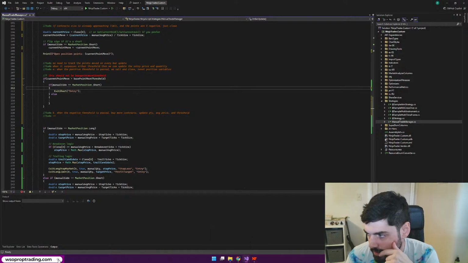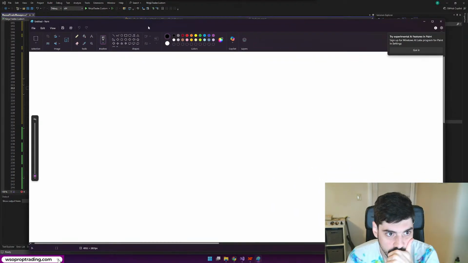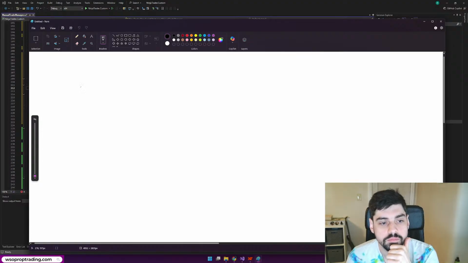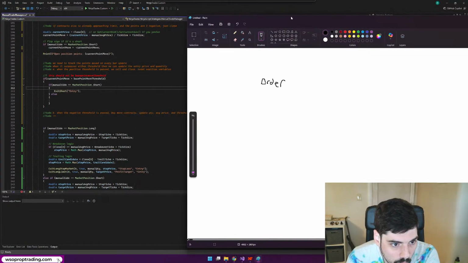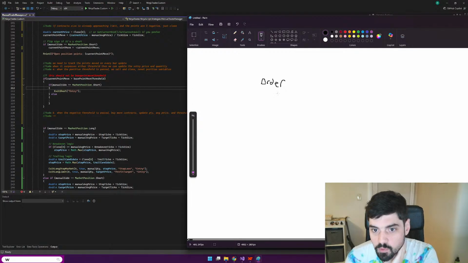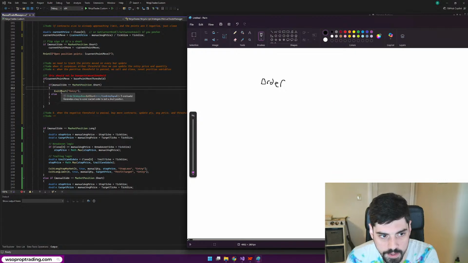So what I'm saying right now, it's gonna go and make an order, and it's watching it as the bars update, and then exit short if the points are above the threshold.